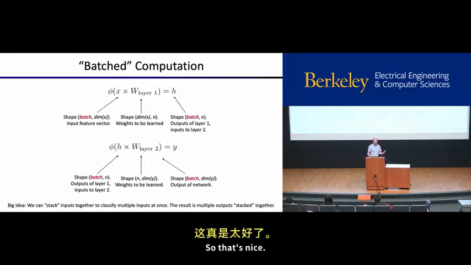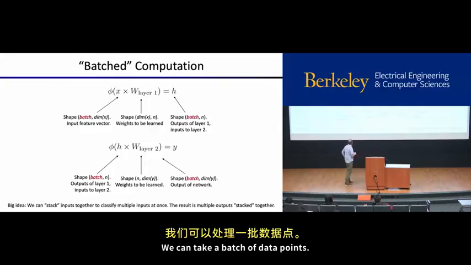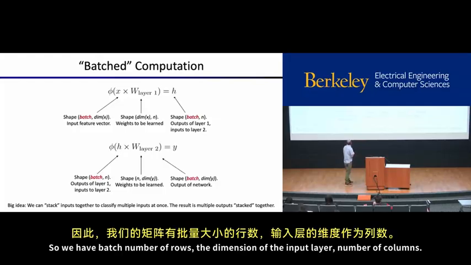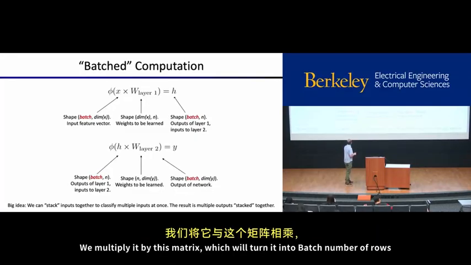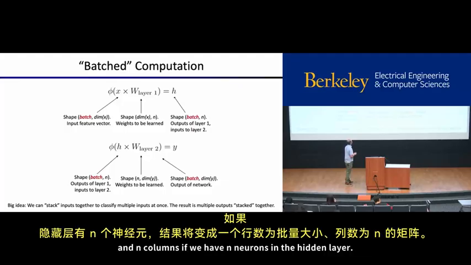So that's nice. We can take a batch of data points, and now we have this matrix. So we have batch number of rows, the dimension of the input layer number of columns, and then we multiply it by this matrix, which will turn it into batch number of rows and n columns if we have n neurons in the hidden layer.